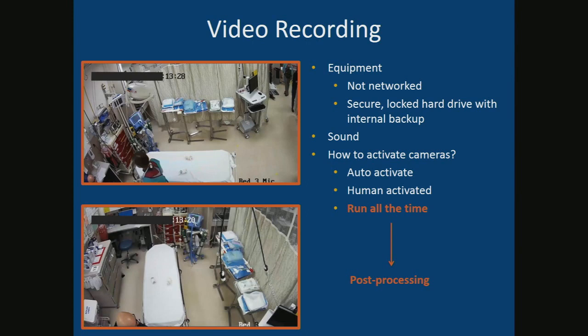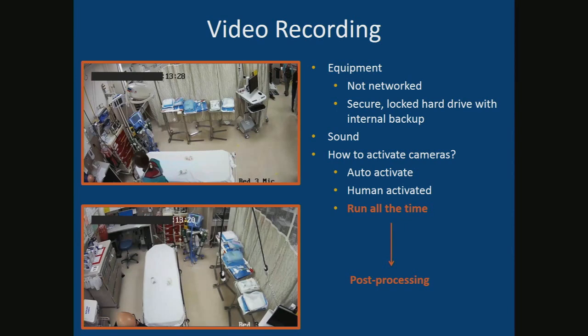So that gets blacked out. And then, and we'll talk about why this happened, the patient's face is blurred, and any identifying tattoo or anything like that gets blurred. So that's the post-processing that has to happen. And a lot of that would have to happen regardless of how you activate it. But there was a lot more video, quote, on the floor because we were running these all the time.